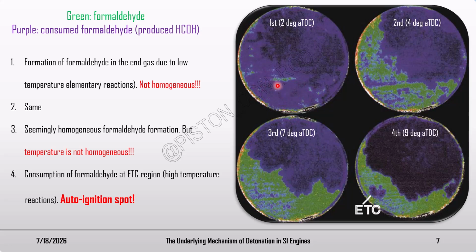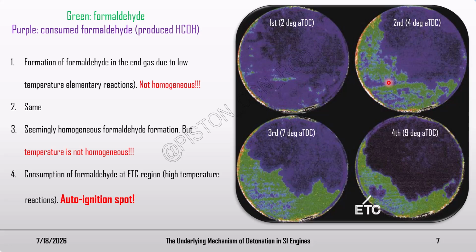But as you can see, it's not homogeneous, meaning we have formation here, but we don't have formation here. So at different spots, we have different rates of formation of formaldehyde. In the second picture, we have the same process, but this time more parts are developing formaldehyde.